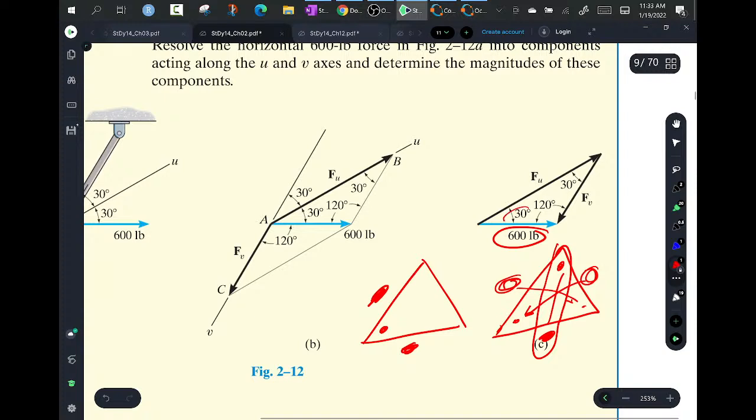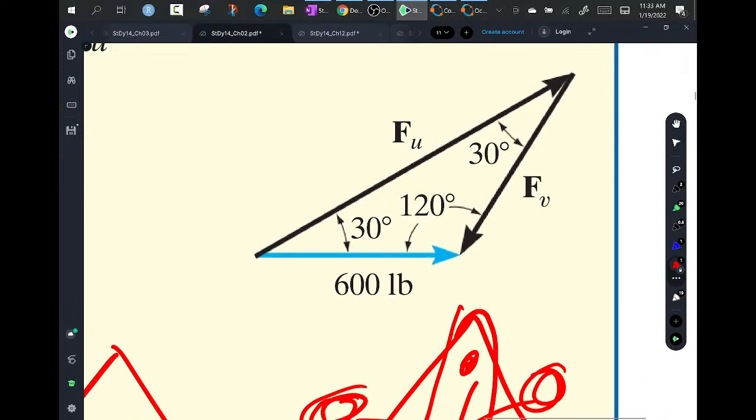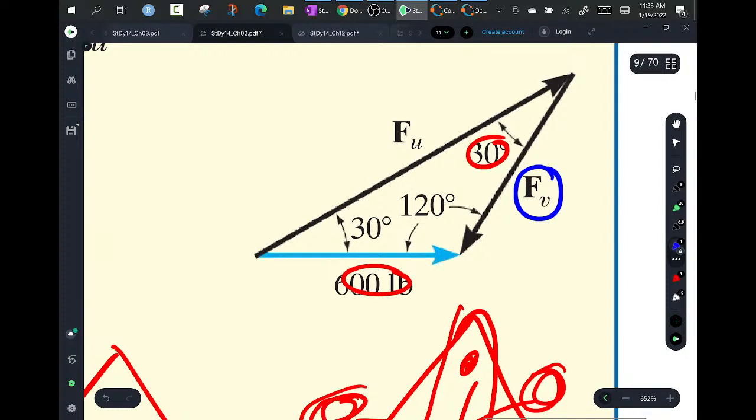In this case, you know the angles. Okay, let me zoom in on this. Law of sines relates this angle to this one. It relates this one to directly across this one.